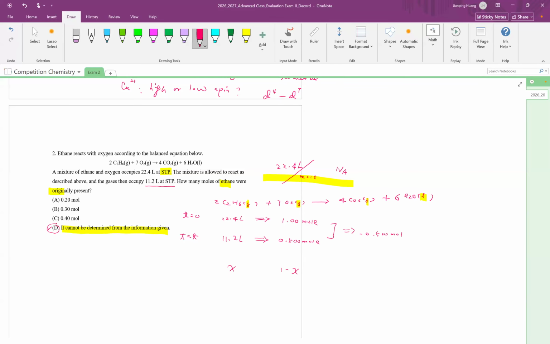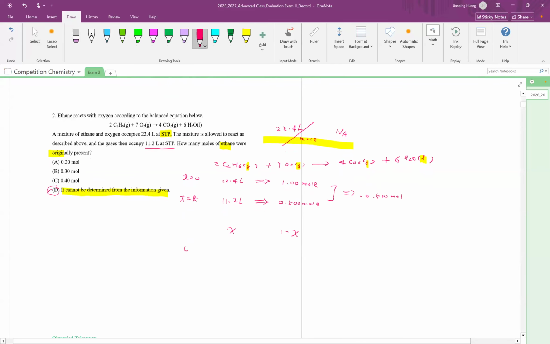If I said oxygen is in excess, so that this one is the limiting agent, see, look at. So what is left over is 0.500 mole, which equals carbon dioxide and oxygen left.